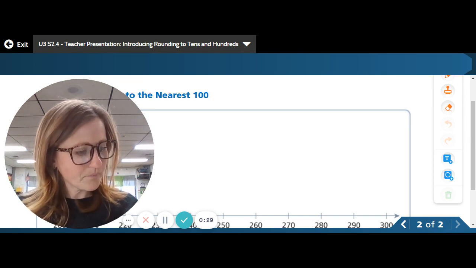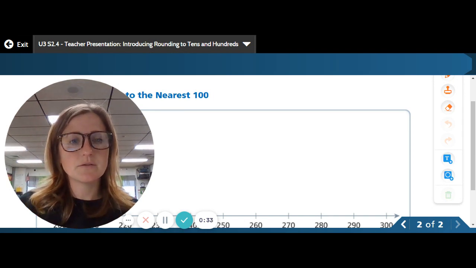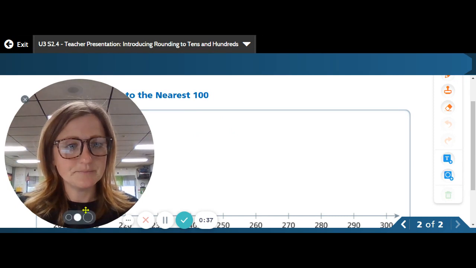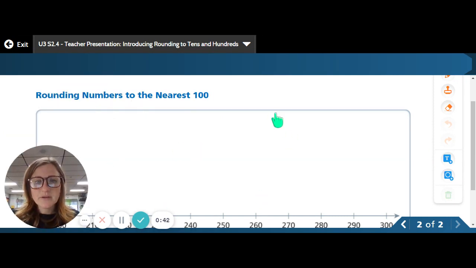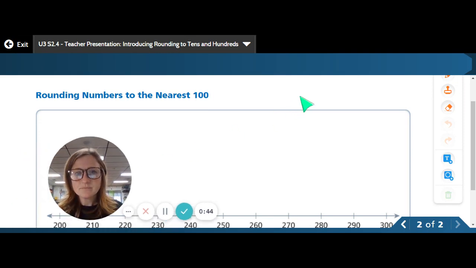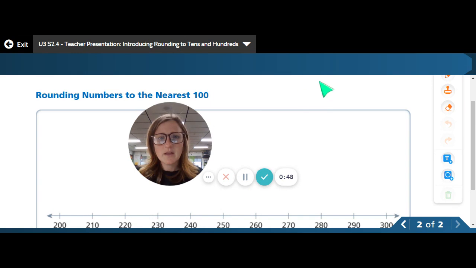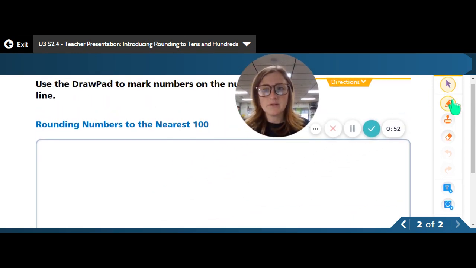So, let's talk about rounding those numbers that are more challenging to the nearest 10. Let's use a 3-digit number and practice rounding it to the nearest 100 first, and then we'll round it to the nearest 10.